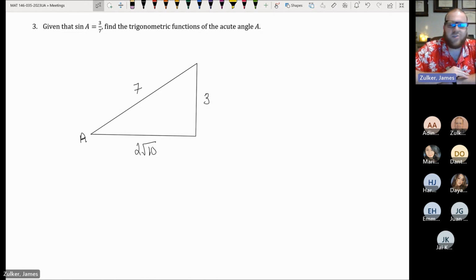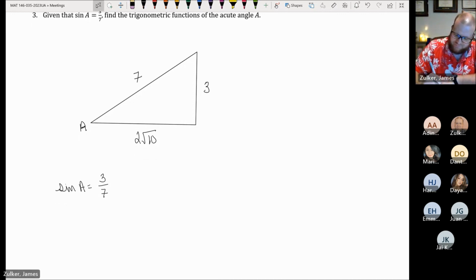Right? We already know sine of A. It was given to us. By the way, that also means we know cosecant of A: seven thirds. Right?